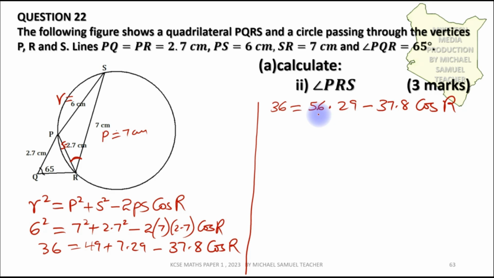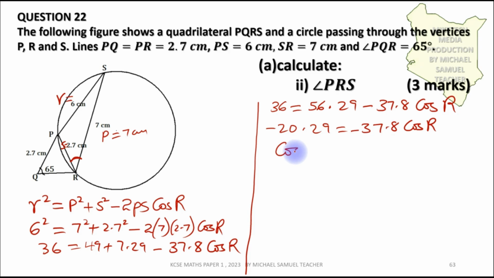That will be 36 minus 56.29, which is minus 20.29, equal to minus 37.8 cosine R. Divide both sides by minus 37.8.